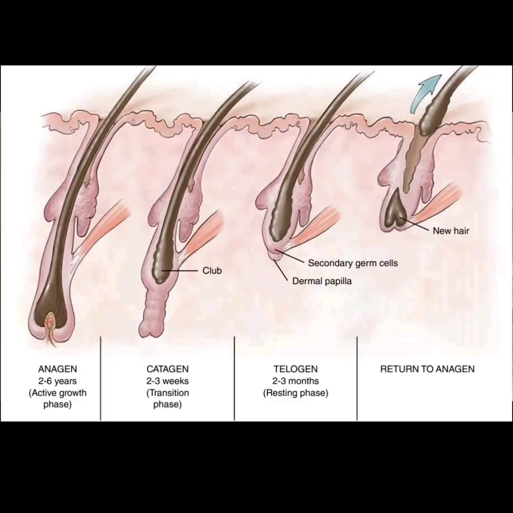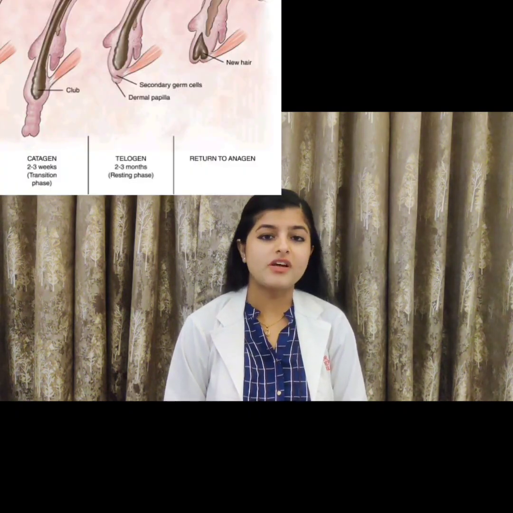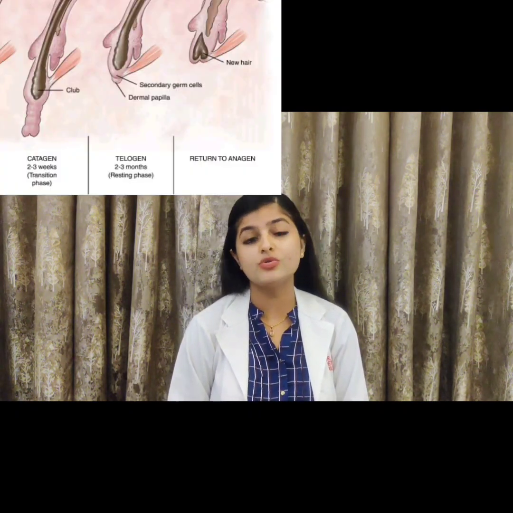Each hair follicle has a unique capacity to reconstitute itself through its unique growth cycle. The first phase of the hair cycle is the anagen phase or the active growth phase, which lasts for 2 to 6 years. It is interesting to know that 80% of the human scalp hair is present in the anagen phase. The next phase is the catagen phase or the transition phase, which lasts for 2 to 3 weeks.